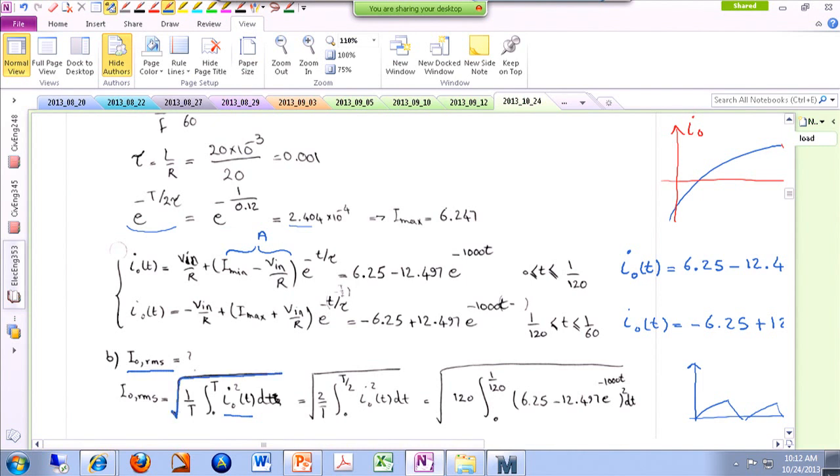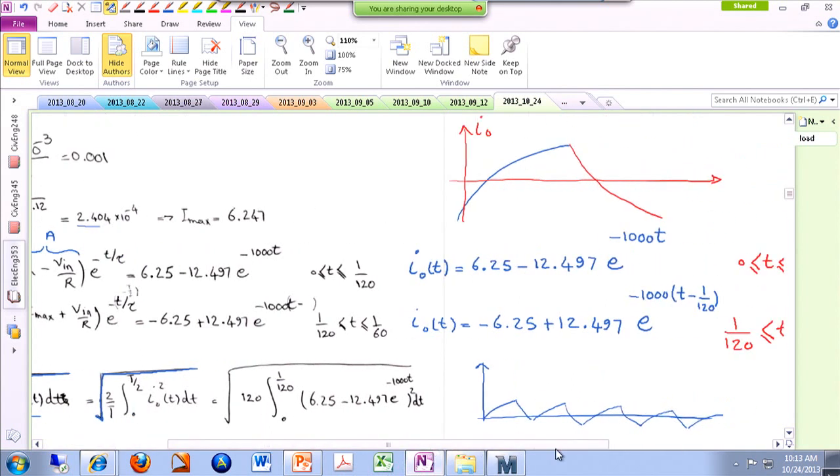As it turns out, because our signal is symmetric, we can do this not for the entire period, only for half of the period. That's the second expression, because our current waveform is symmetric in the sense that if I take the square value of this blue part and also the square value of this red part, they are identical.